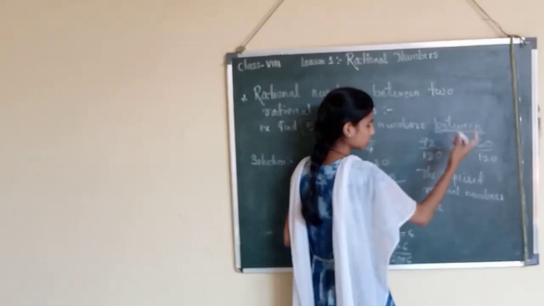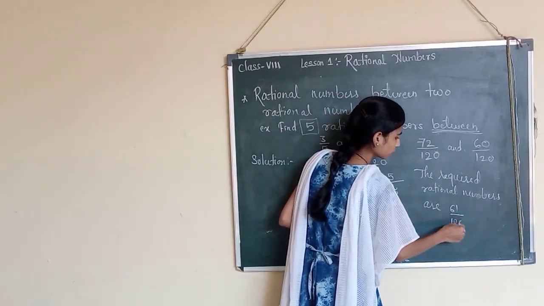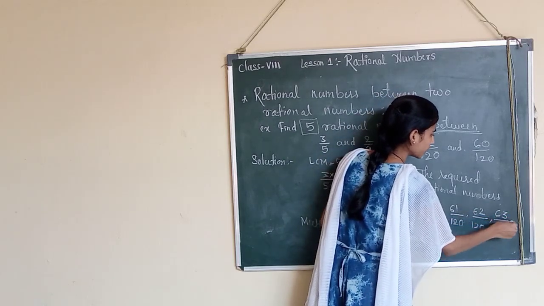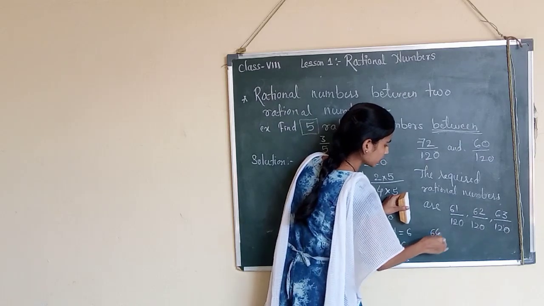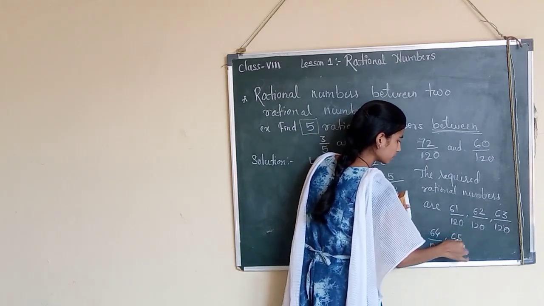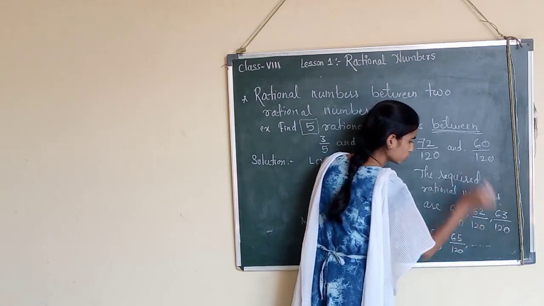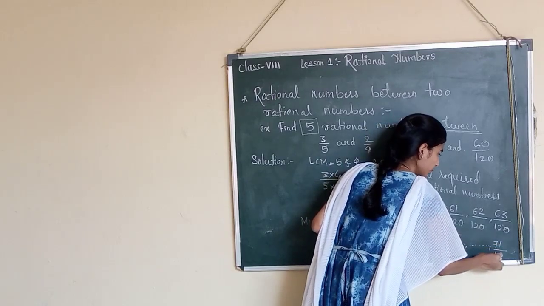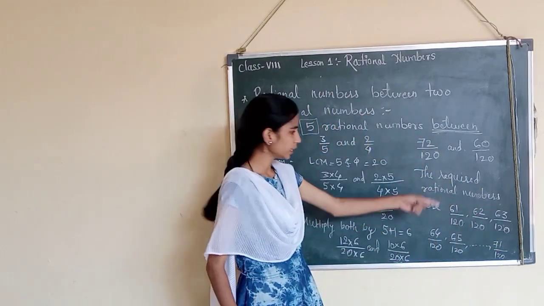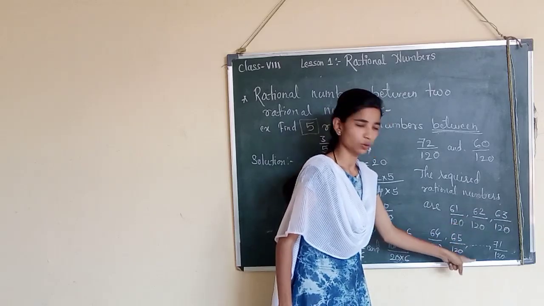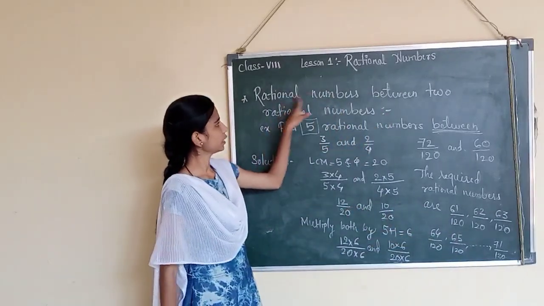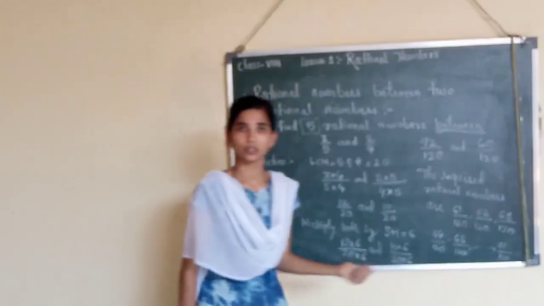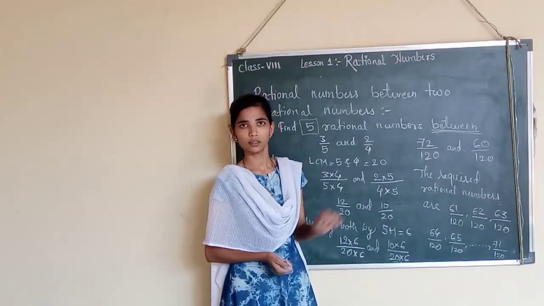We will take after 60: 61 by 120, 62 by 120, 63 by 120, 64 by 120, 65 by 120, and so on up to 71 by 120. You can take any 5 rational numbers in between these. So students, this is how to find rational numbers between two rational numbers. We have completed this lesson. So try to solve the exercise and stay at home.